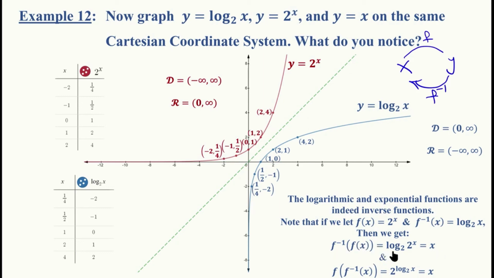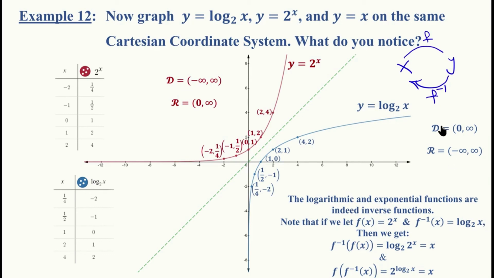And notice that we do, because f inverse of f of x just means, in this case, we're calling log base 2 of x the f inverse function. So it just means log base 2 of 2 to the x. So that means plug in 2 to the x where you see x in this expression.